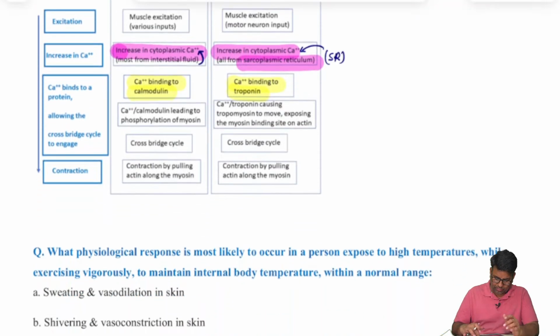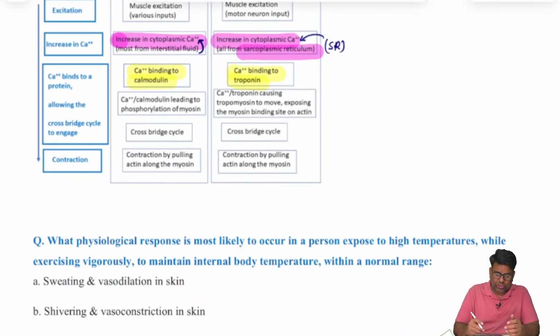Okay. Then there was a question about the physiological response when a person is exposed to high temperature while exercising vigorously. So in simpler words, the question is about exposure to a hot environment, or heat.